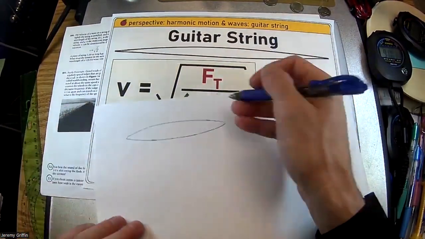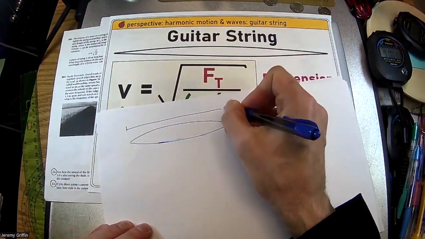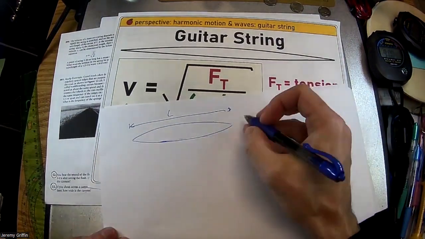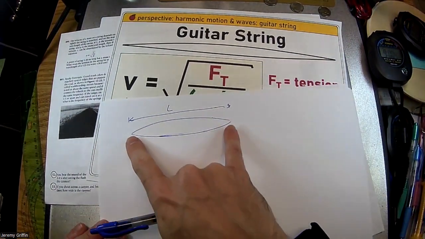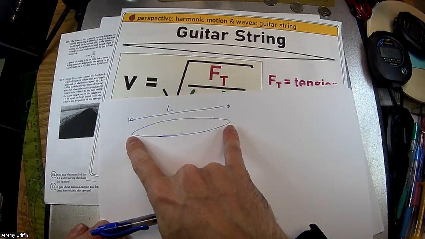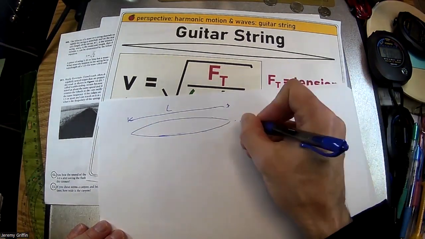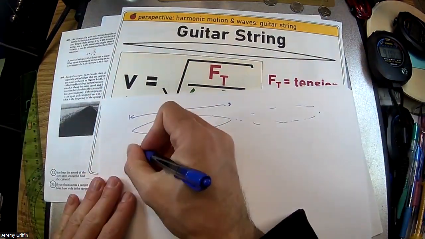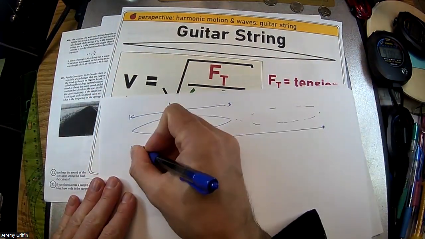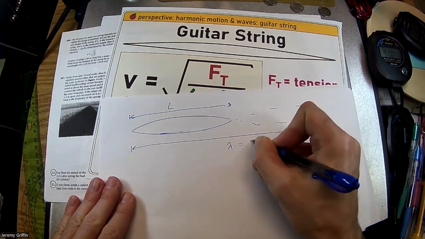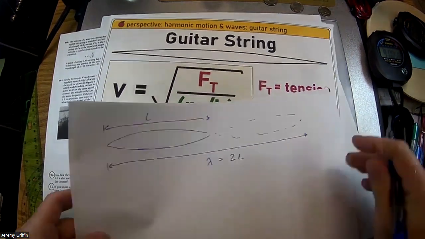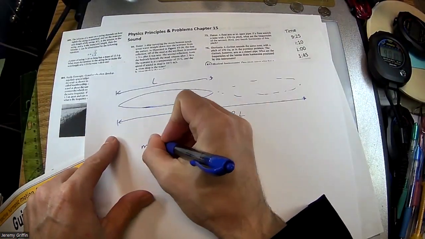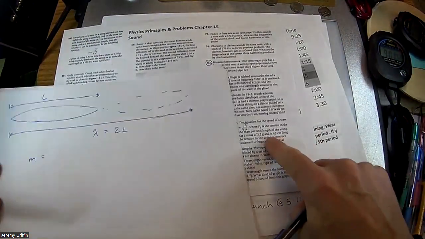So that right there is the length of the string. But remember the full wavelength, guys, what is the full wavelength compared to what I just drew? Yeah, it's double, exactly. So there's the full wavelength, lambda, which is actually 2 times the length of the string.